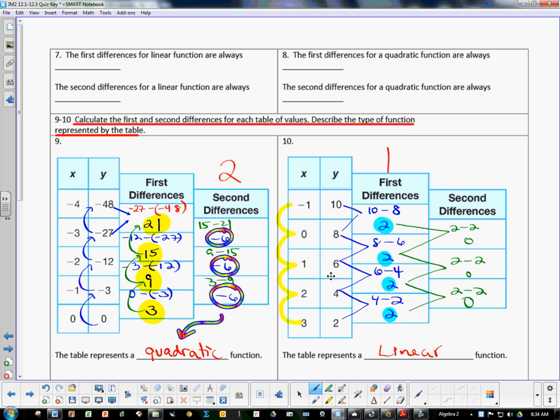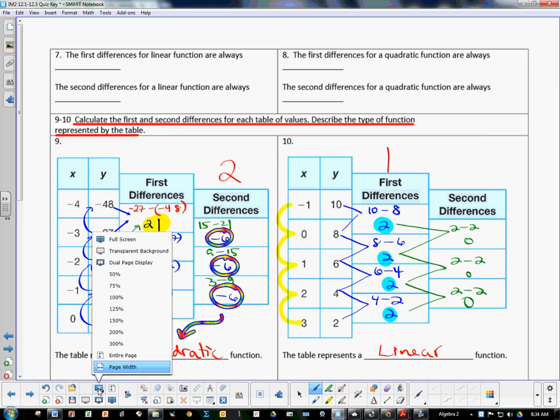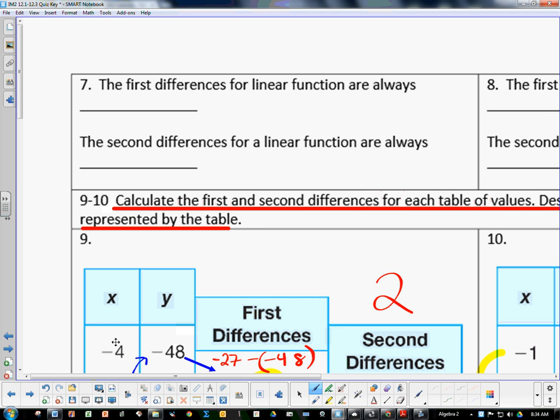All right, as I stated earlier, we're going to finish number 7 and then 8. Let me zoom in. For number 7, it says the first differences for a linear function are always constant, or the same. Yes. The second differences for a linear function are always 0. Great.